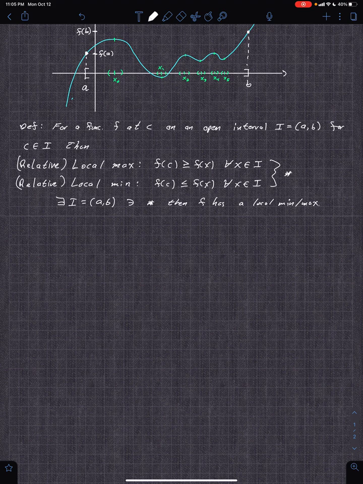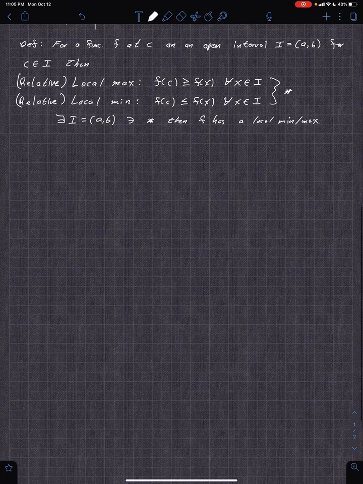All right, so the extreme value theorem basically says there exists a max or min. So it must be true for a continuous function. This is called the extreme value theorem.